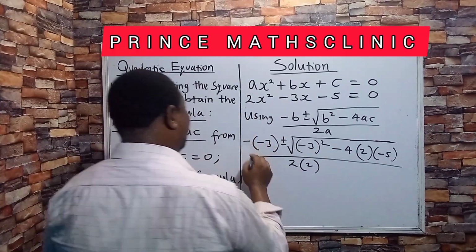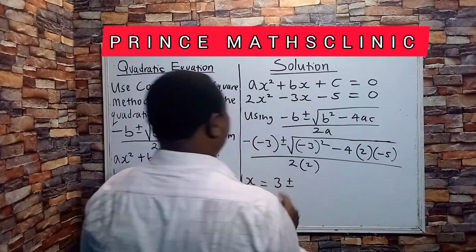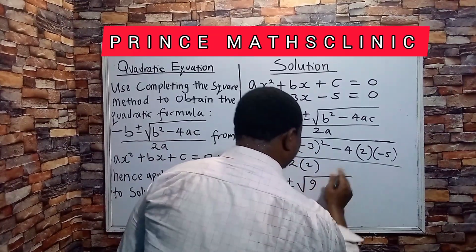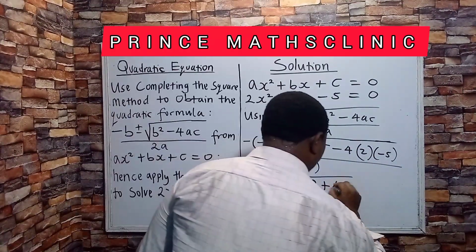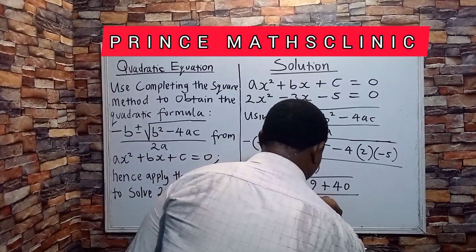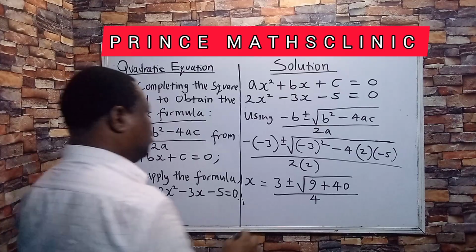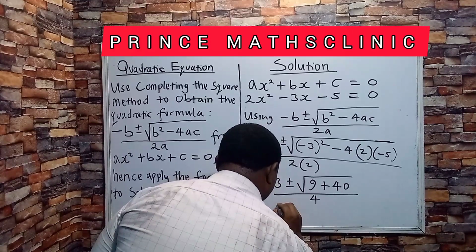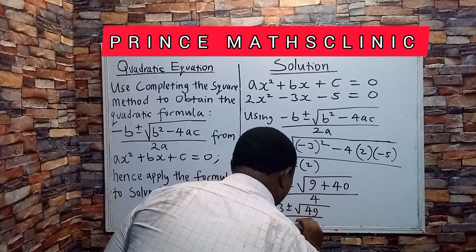So minus times minus 3 is plus 3. Then in the square root, minus 3 squared is 9, minus times minus is plus, 4 times 2 is 8, and 8 times 5 is 40. Everything over 4. Then x becomes 3 plus or minus the square root of 40 plus 9, which is 49, everything over 4.